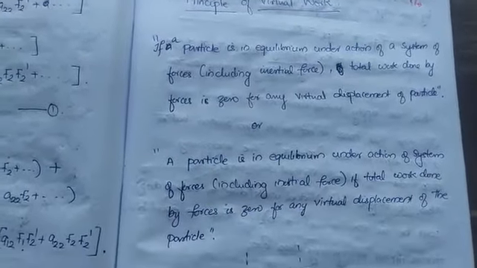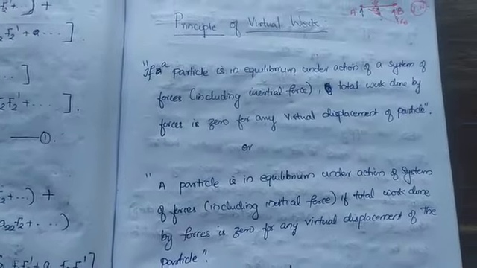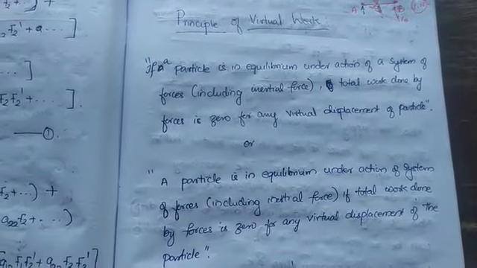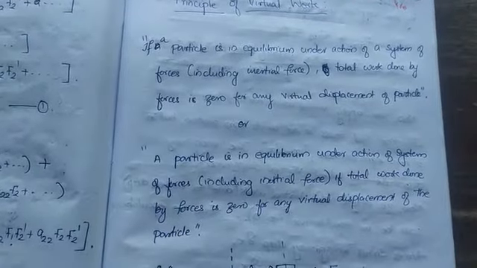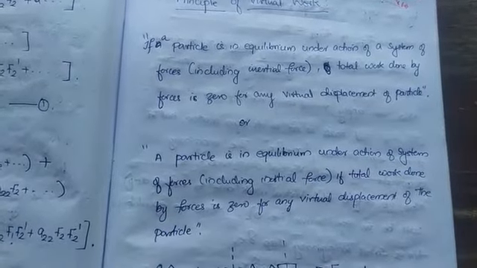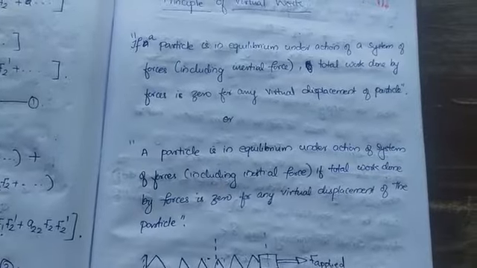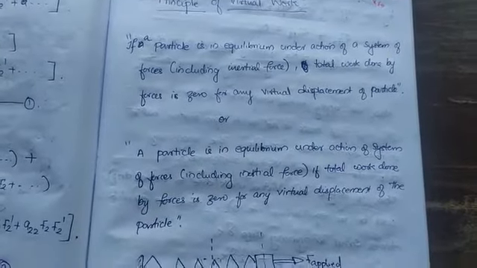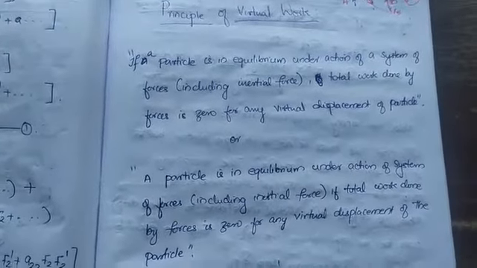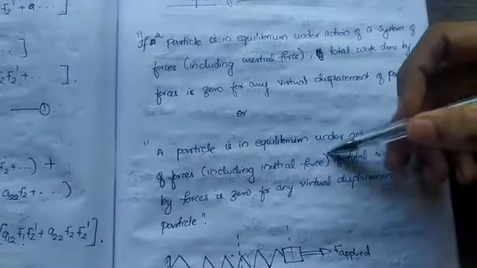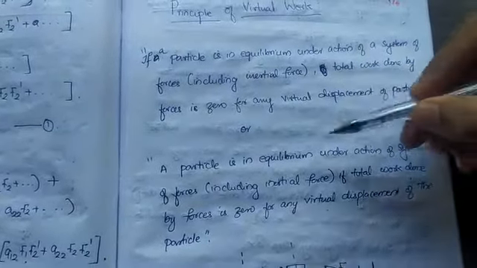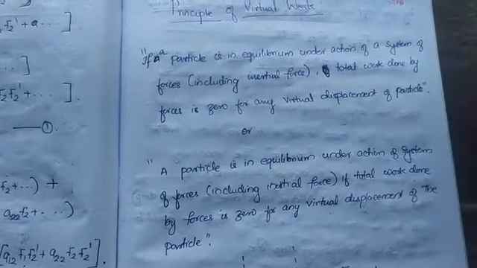Or it can be said like this: a particle is in equilibrium under the action of a system of forces including inertial force if the total work done by the forces is 0 for any virtual displacement of the particle. See, both these statements are true, you can use whichever. One is the inverse of the other, that's all.